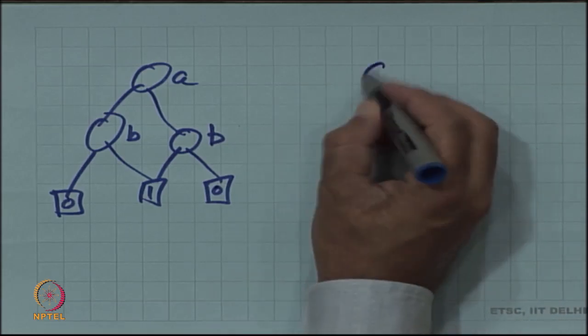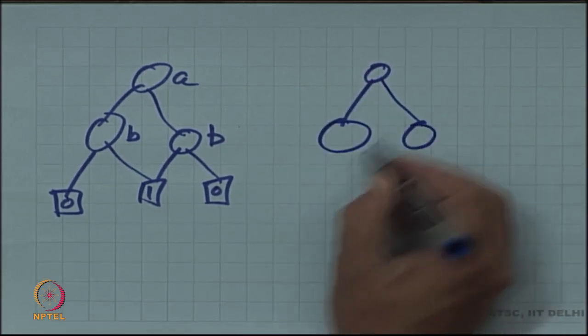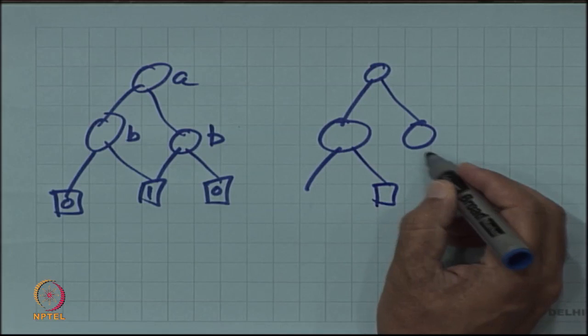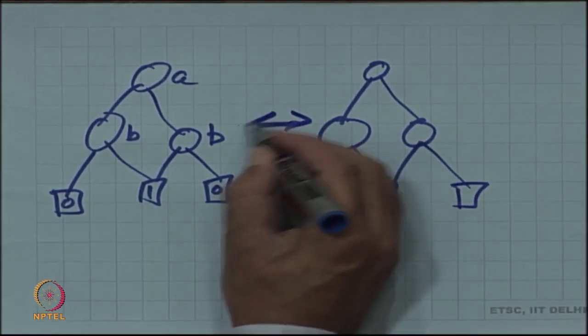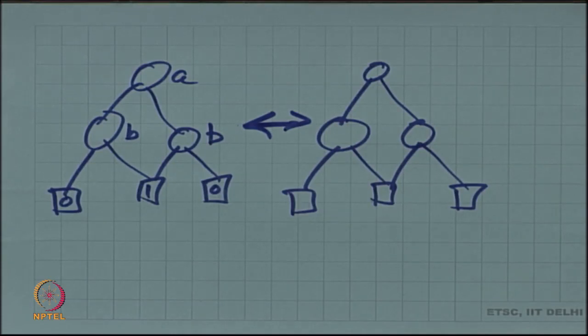So, two such OBDDs would be called isomorphic if I can find an association.